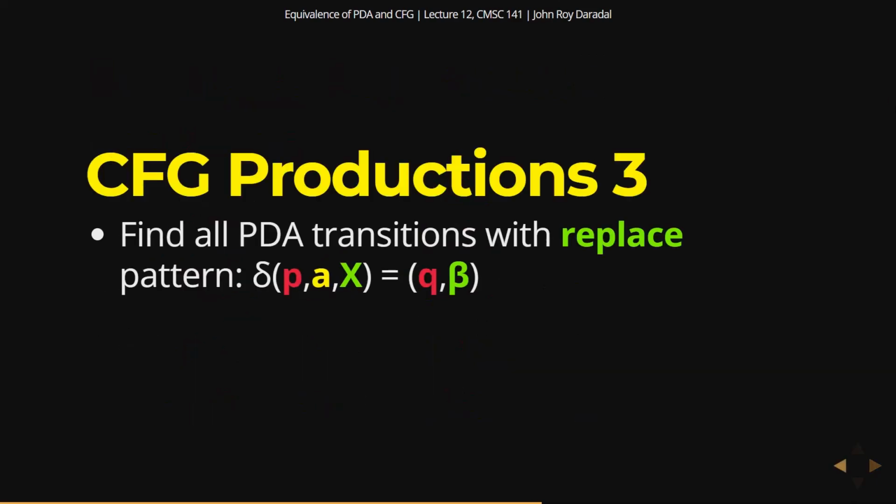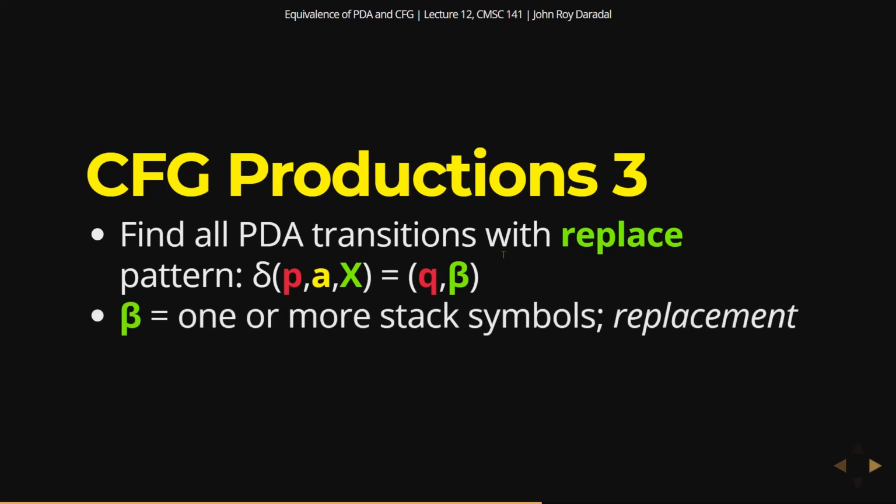Now, for the type 3 productions, which is the last type, instead of the pop pattern, we will find PDA transitions with the replace pattern. The replace pattern is basically this. From state P, you transition to some state Q. On input symbol A, the stack top symbol is X, and you replace that with beta, wherein beta is one or more stack symbols. So it's a replacement.